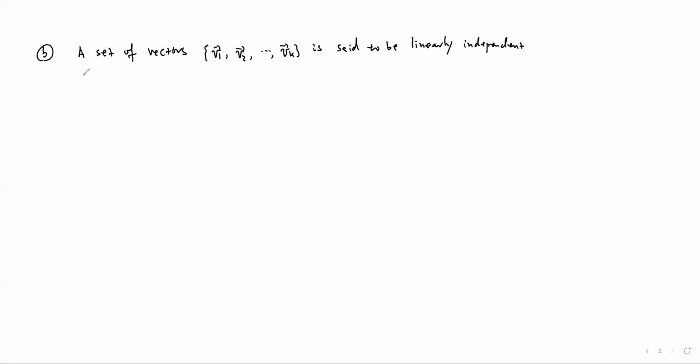What does it mean? The meaning is, if the vector equation x1 v1 plus x2 v2 plus xk vk is 0. This vector equation always has solutions. Say 0, 0, 0 is one solution. But this solution, we call it the trivial solution.